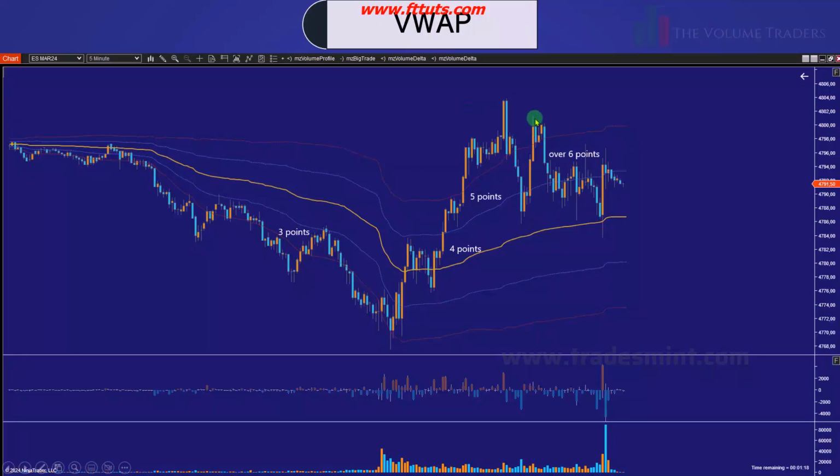So if someone could find an entry on this supply zone, this was the range: equal highs, liquidity grab, break of structure, so that left the supply. If you found an entry here, the deviation at the late New York session was a good TP to catch 6 points. Here's also a demand zone, even one bigger demand zone.